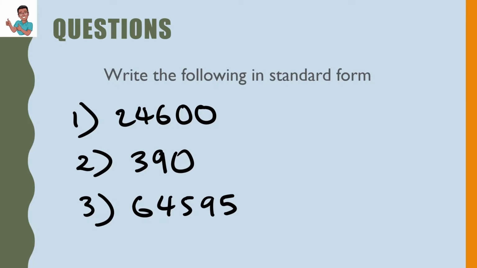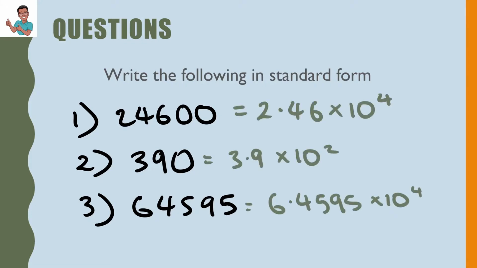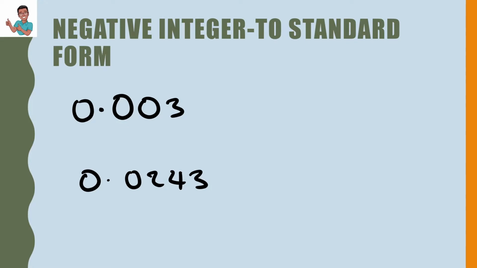Okay, I'd like you to write the following in standard form. Press pause and have a go. When you're ready, press play. Here are the answers. Okay, let's convert these into standard form. You can see that these are slightly different to the other ones. We have them in decimals. So, again, we have to have it fit this inequality.